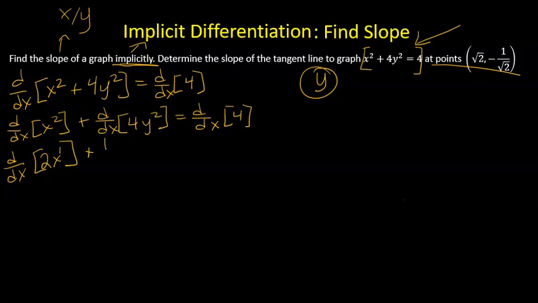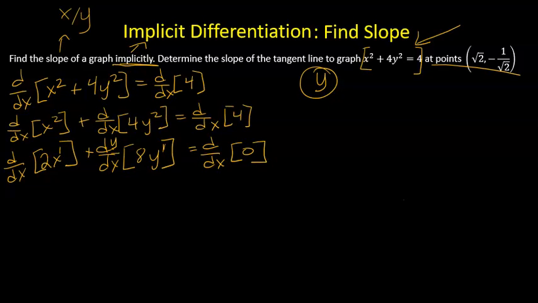What about this one? I have d dx, and it's 8y to the first power, right? Because 4 times 2 is 8. Let's see, I am looking at the star of the show, and I did do something to it, so absolutely, dy dx. What about here? d dx of a constant, what's that? 0. So we don't put a dy dx there because there's no y.